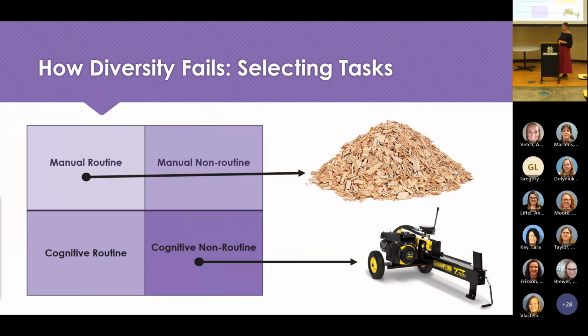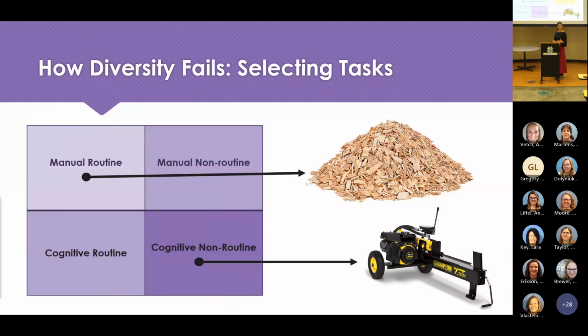Adding an engineer to the team who maybe is not the fastest wood chopper would actually be a disadvantage in this situation. However, if you were to switch that up and change the task to creating an actual machine that allows you to chop wood and make wood chips in a really efficient, fast manner, then you're going to have an advantage for that team that has that engineer who can build a machine that replicates that manual repetitive task.